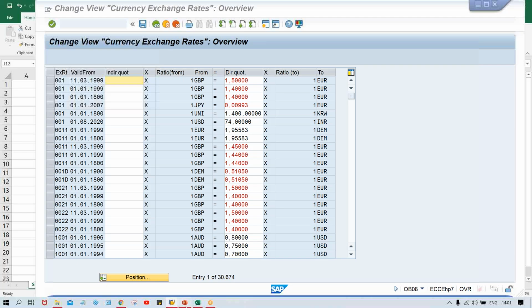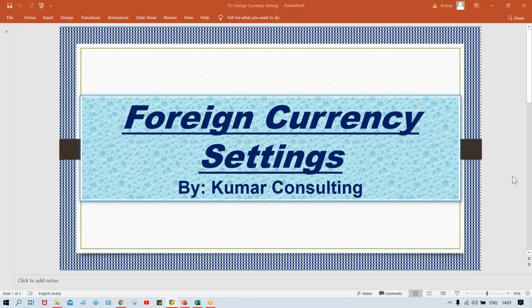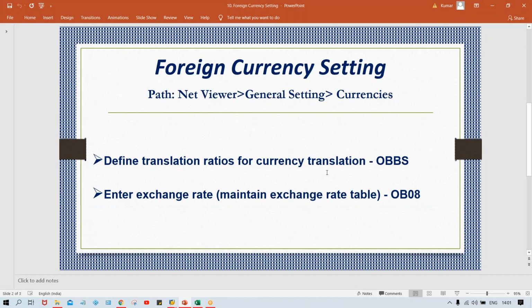Look at here, I said only 2 steps: define translation ratio and maintain the exchange rate table. Exchange rates we are going to maintain in this exchange rate table. Within 2 minutes we can specify these rates here, and then you can perform testing. If you talk about me, within 5 minutes I can configure this and perform testing, and the foreign currency setting is going to be finished, right?